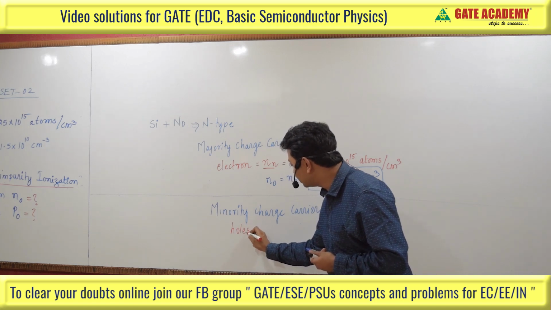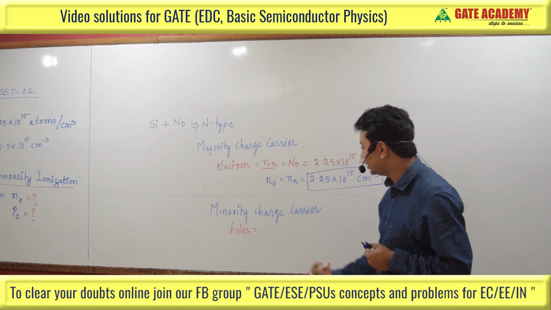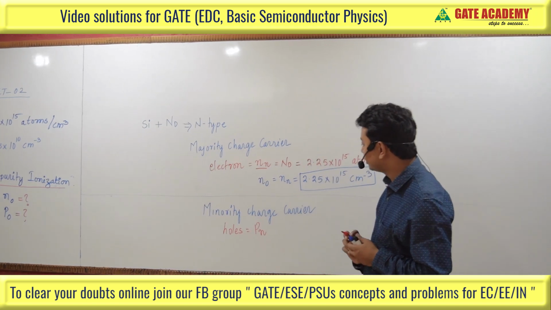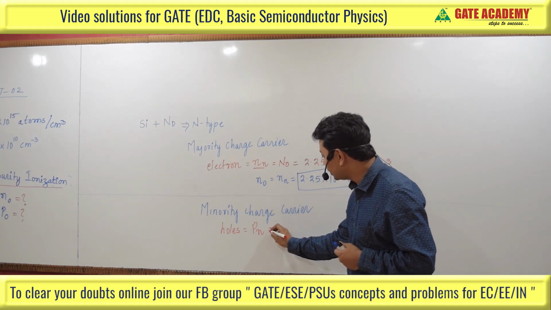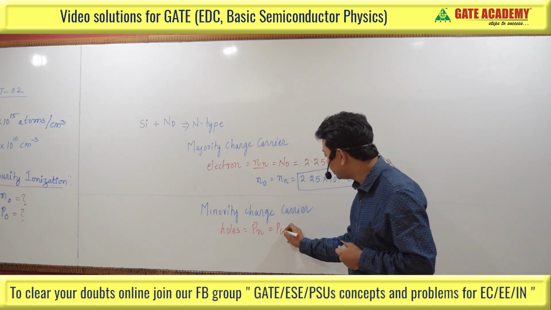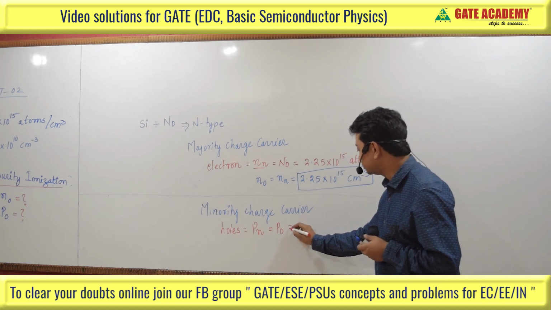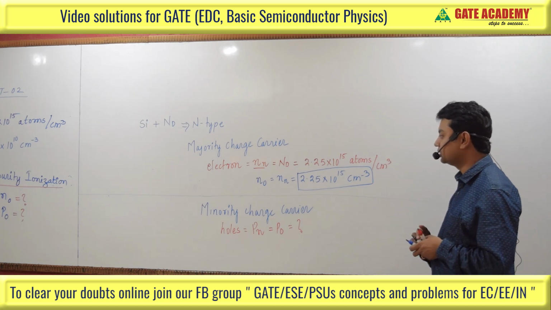To find the hole concentration, that is, the holes in an N-type semiconductor, represented in this question by p0, we have to find out this value. That means we have to find the minority charge carrier concentration.